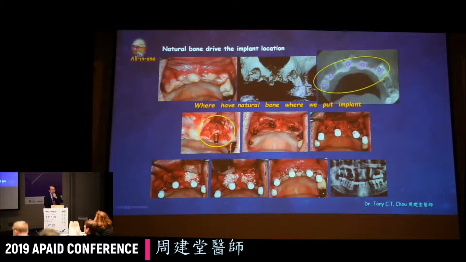In recent years, there is a very hot topic about computer guide, digital guide, surgical plate, but that cannot help you in this case. This is real handmade. We need your hand feeling to detect the bone quality, to drill a proper osteotomy and to get good stability.